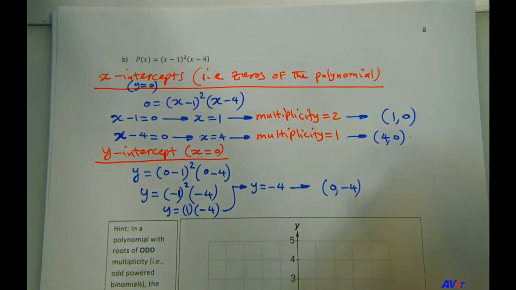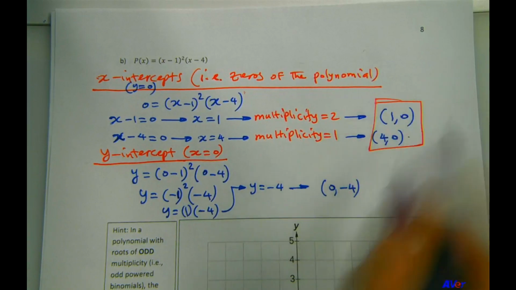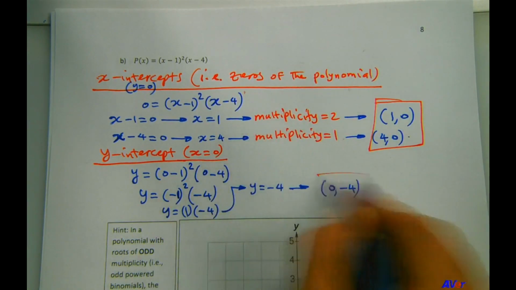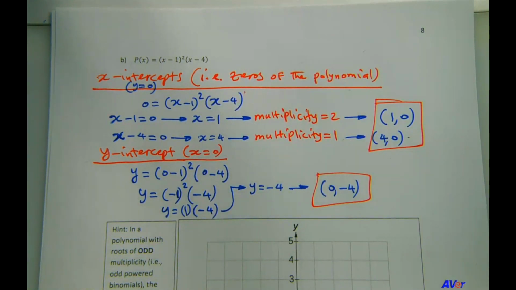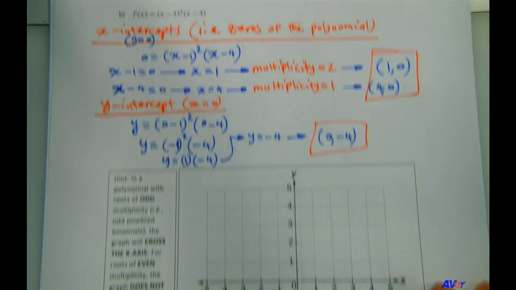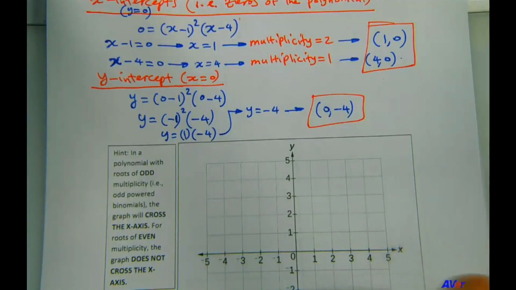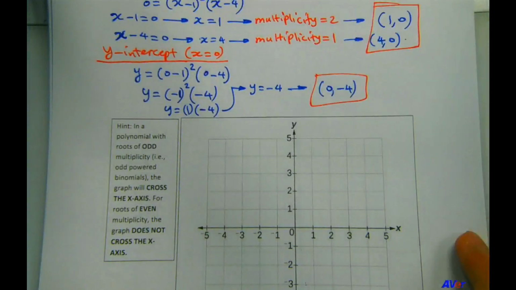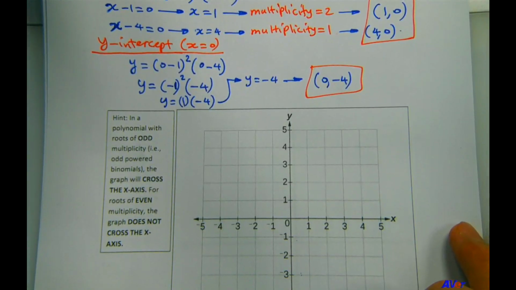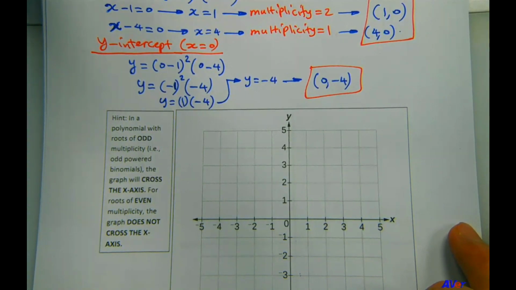Okay, so we have the x-intercepts here. We know the multiplicity of each. So let's plot this polynomial. Let me see how far I can move this up while keeping everything on the screen like that.